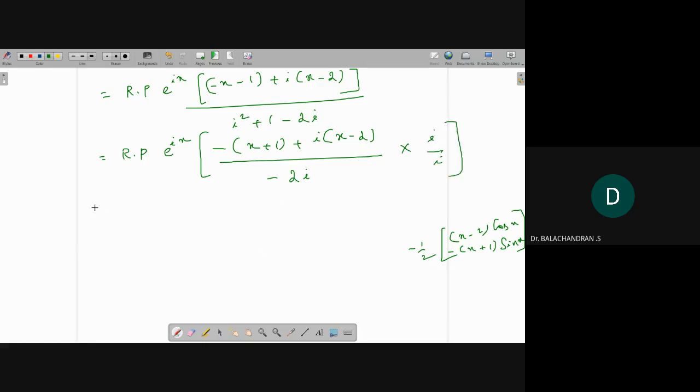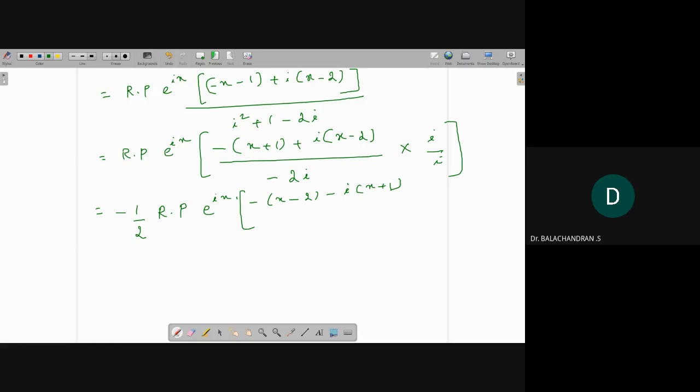Now this is equal to minus 1 by 2, which is constant, so I'll take it out, into real part of e power ix into, here I need to multiply by I. So if I multiply by I here, I square is minus, so minus of x minus 2, and if I multiply here, minus I into x plus 1.